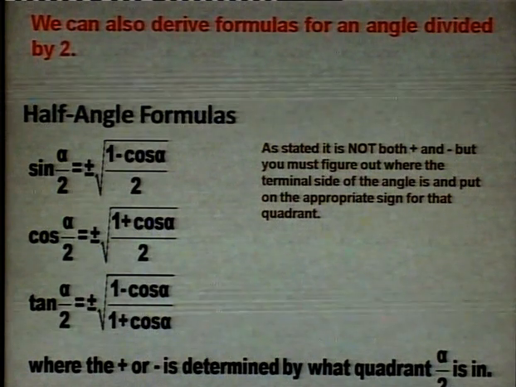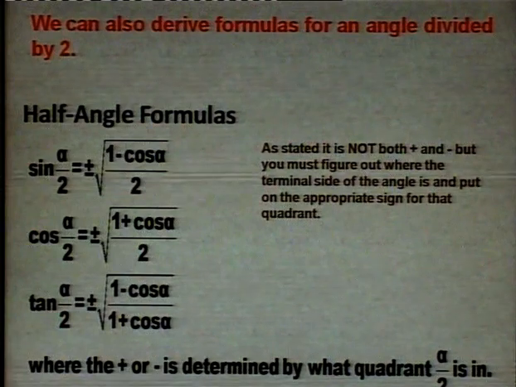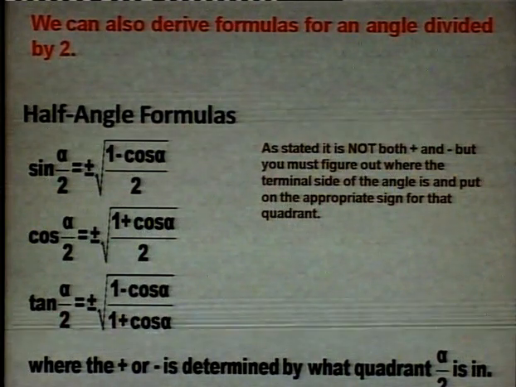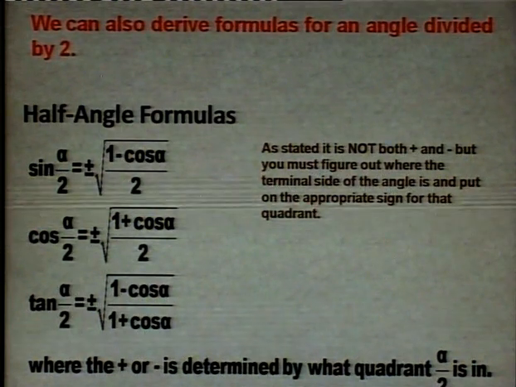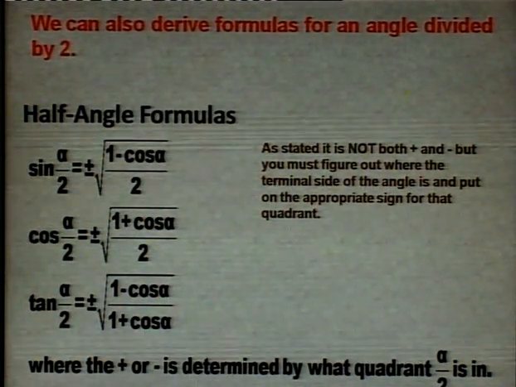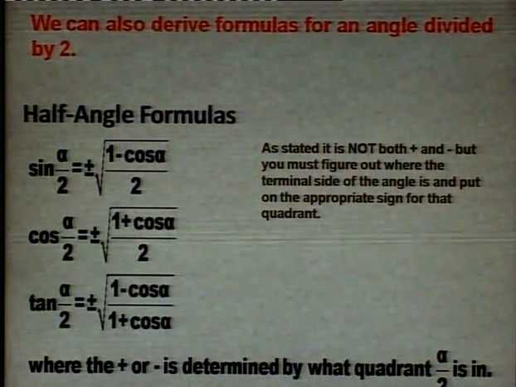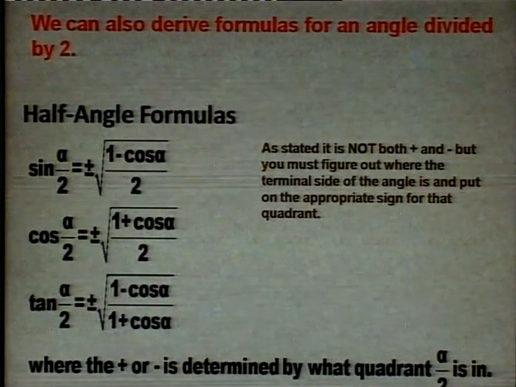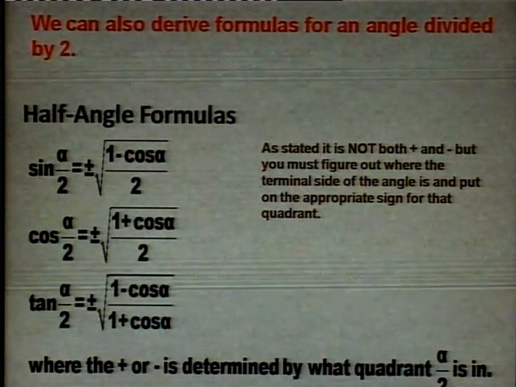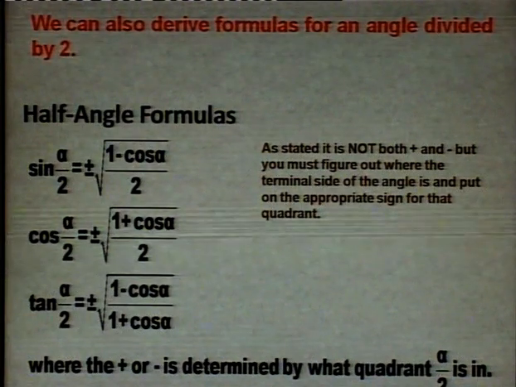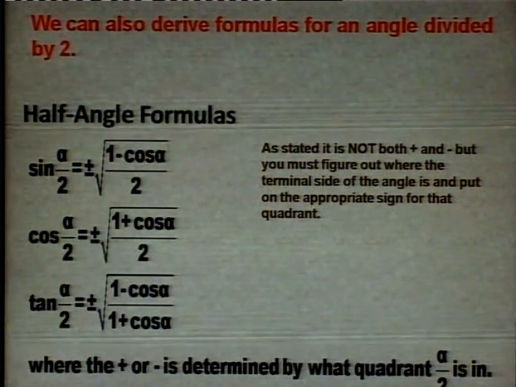So, the very first expression is sin alpha by 2 is equal to plus minus square root of 1 minus cos alpha upon 2, and the value of cos alpha by 2 is equal to plus minus square root of 1 plus cos alpha by 2, and the third is just merely the consequence of the first two, and the question is how to derive it, and that is very simple.